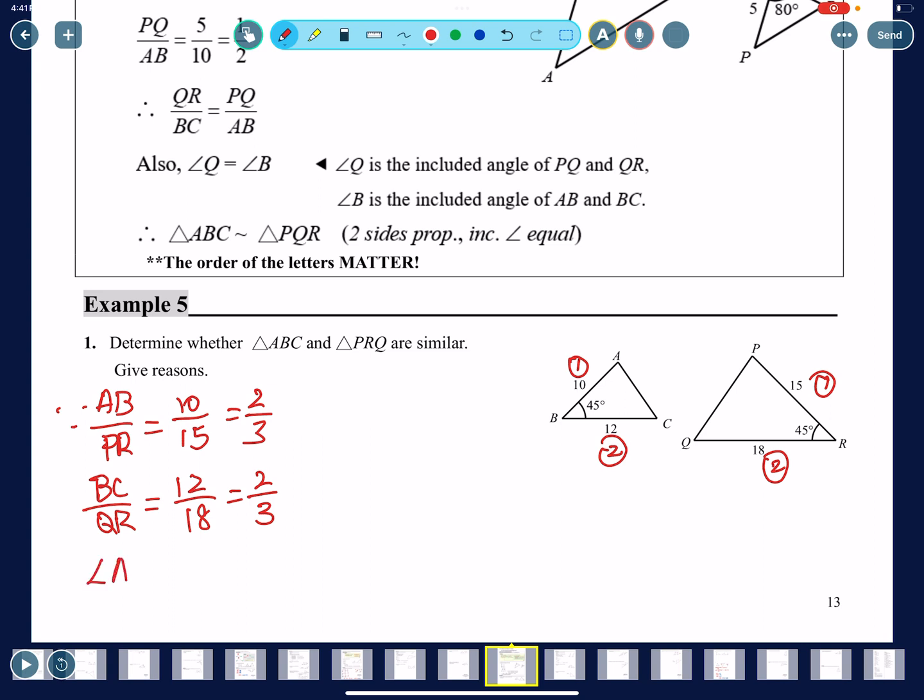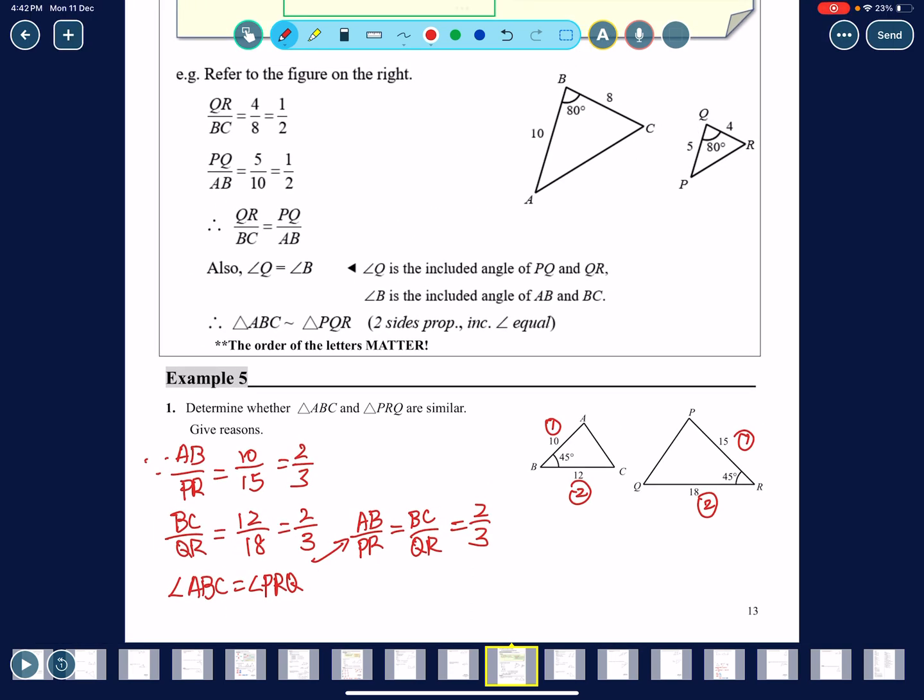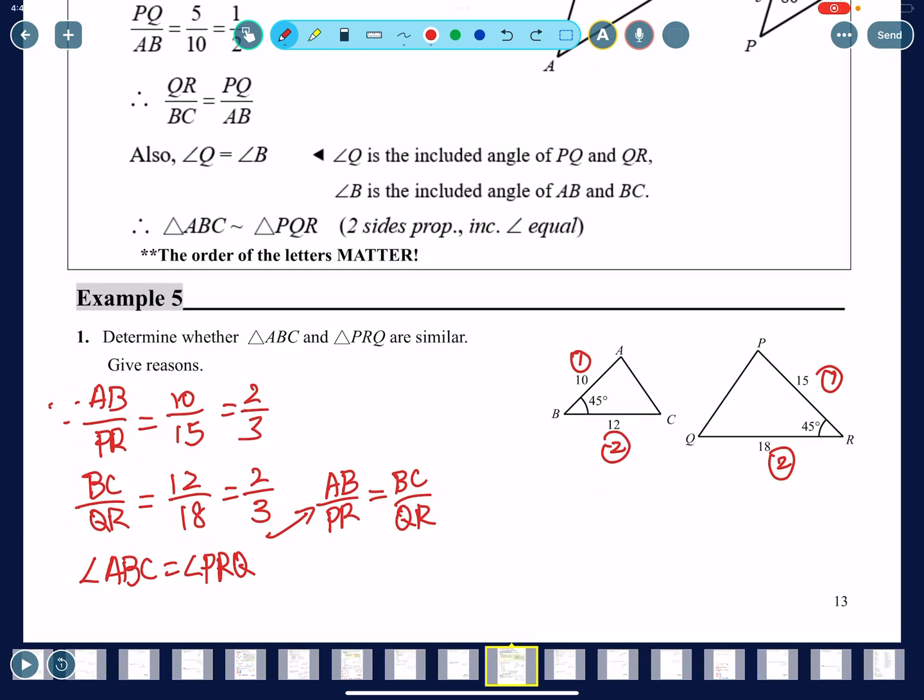And then angle ABC equals angle PRQ. I think we should write one more: AB over PR equals BC over QR equals 2 over 3. Or you can just write without the 2 over 3, to write less.